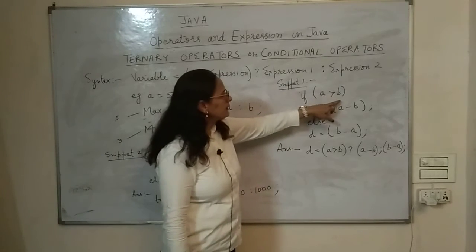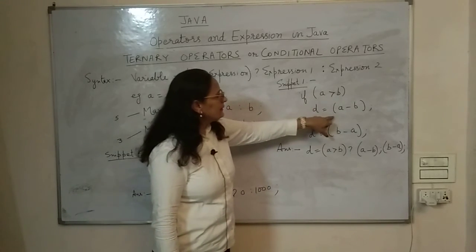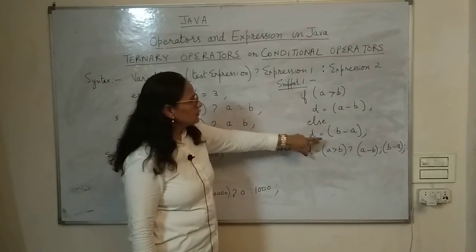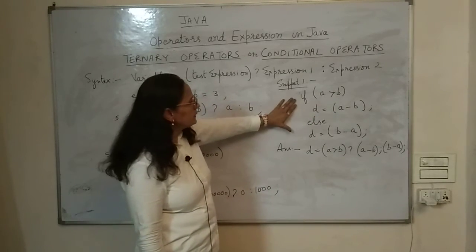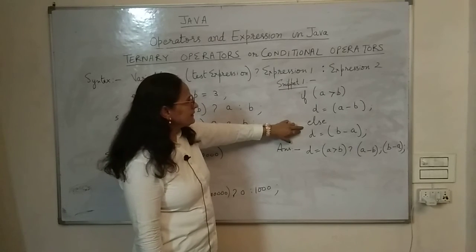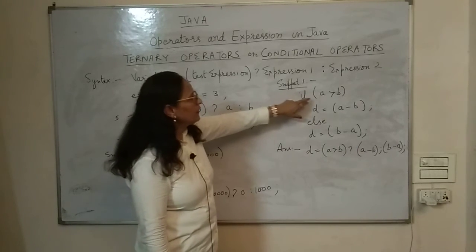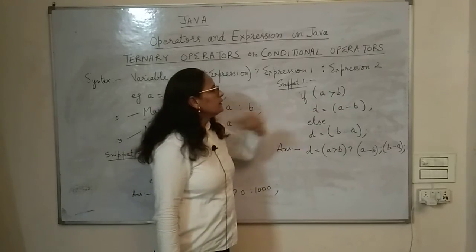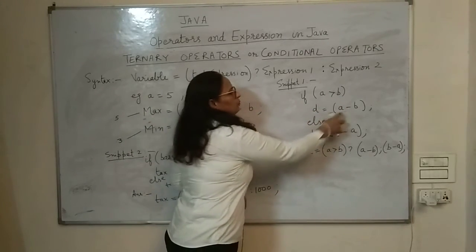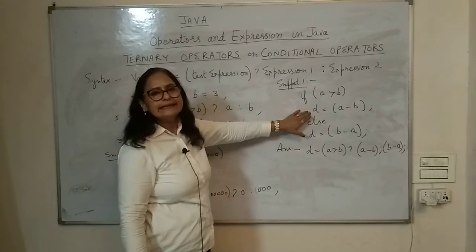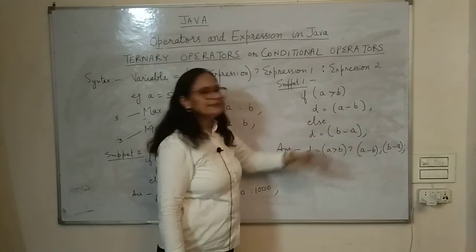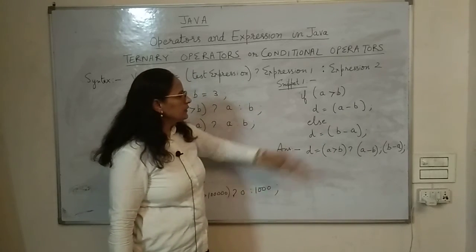If A is greater than B, D is equal to A minus B, else D is equal to B minus A. My dear friends, look at this if-else statement. If A's value is greater than B, then it will deduct B from A and store in D, else it will deduct A from B because B is greater than A and store in D.